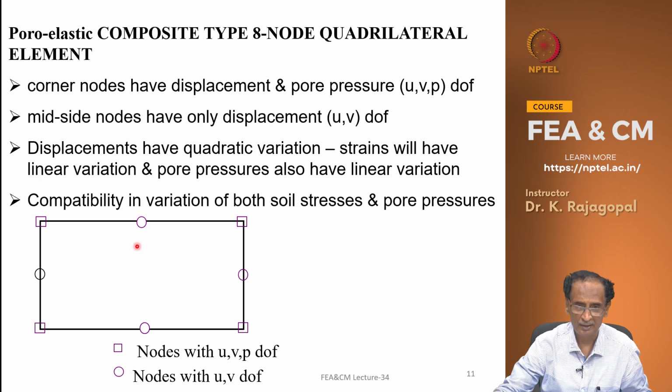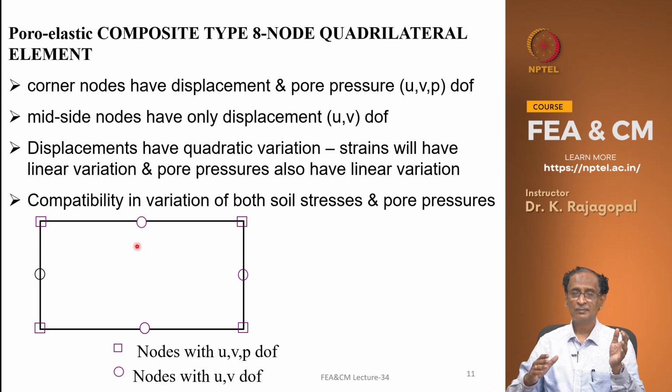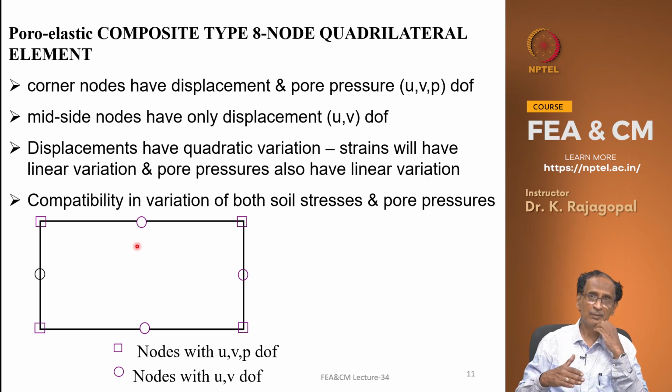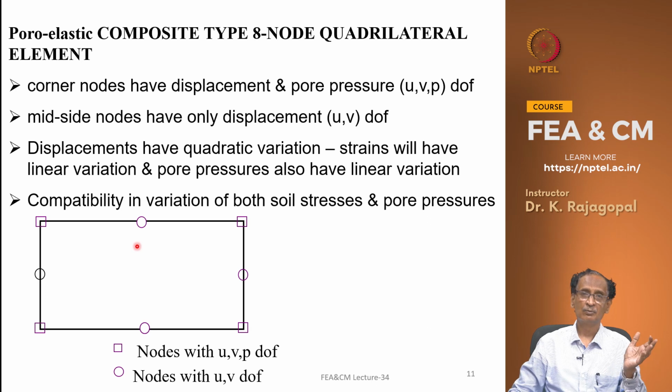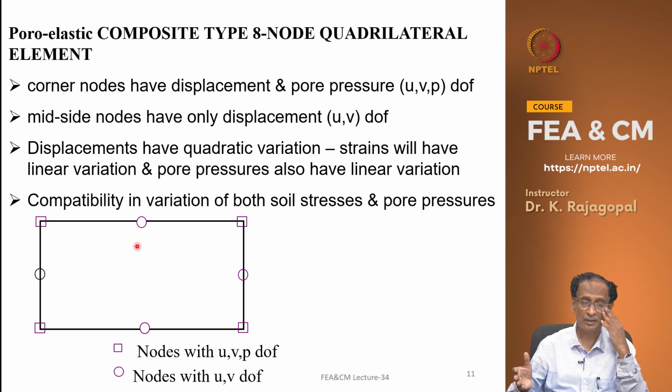See, the idea is that there should be a compatibility in the variation of strain and the pore pressure. The strain means stress. The strain and stress are proportional to each other, and it's a quadratic variation in terms of the displacements, and the first derivative is your strain, and that's also the order for the stress.